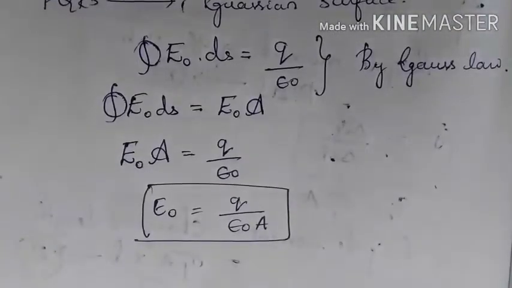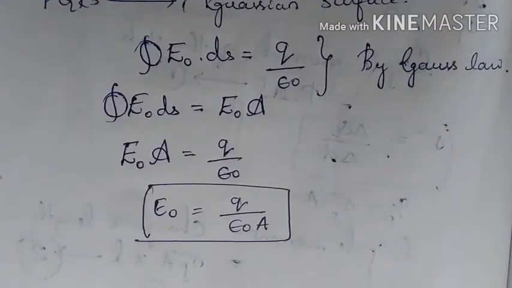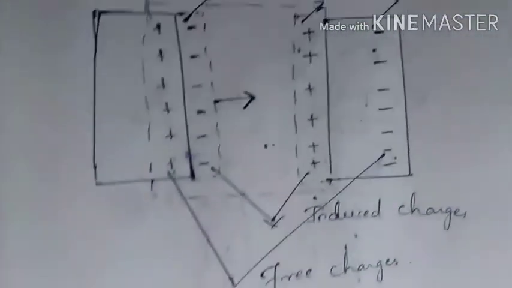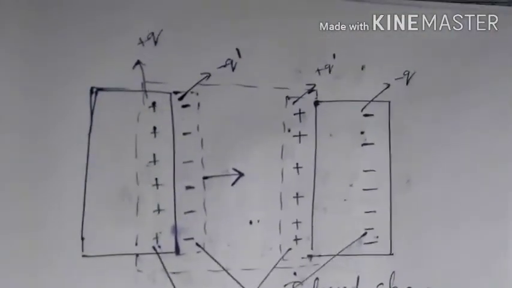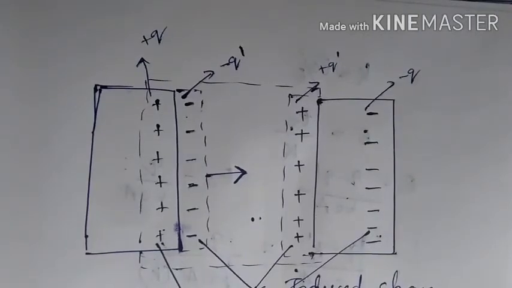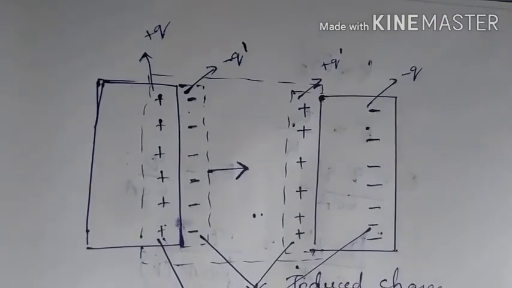Here we got E naught is equal to Q divided by epsilon naught A. This external electric field expression we used in the presence of the dielectric to get the equation. For this diagram we have used the E naught expression, E naught is equal to Q by epsilon naught A, and with the help of that we found the Gauss law in the presence of a dielectric.